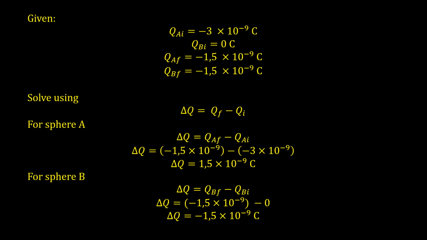My reason for the difference in the sign is that one sphere transfers the charge to the other sphere, while the other sphere receives the charge. So the one sphere gains 1.5 multiplied by 10 raised to the power of minus 9 coulombs of charge, and the other sphere loses 1.5 multiplied by 10 raised to the power of minus 9 coulombs.